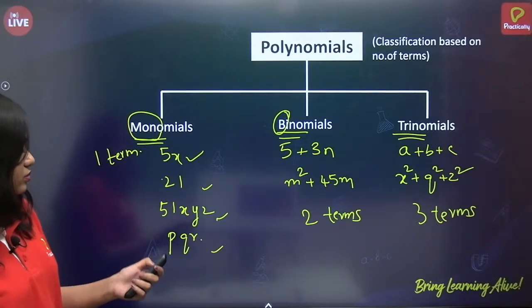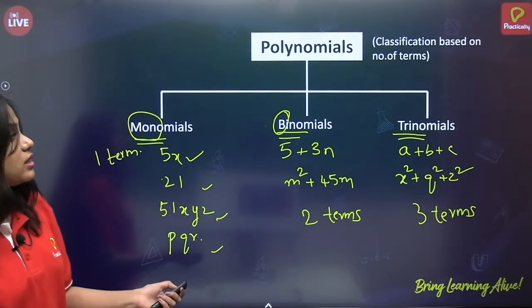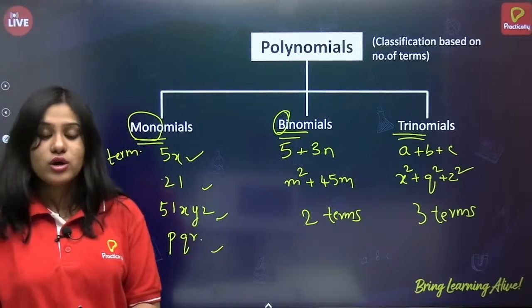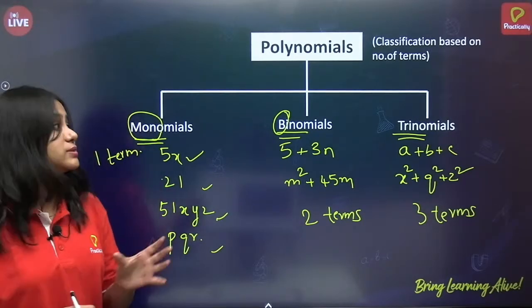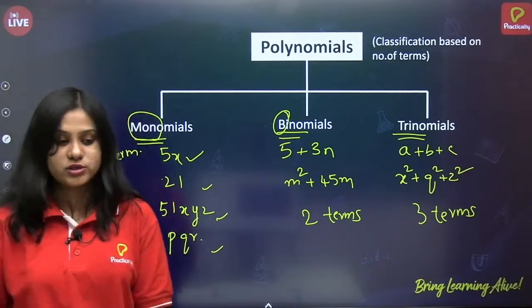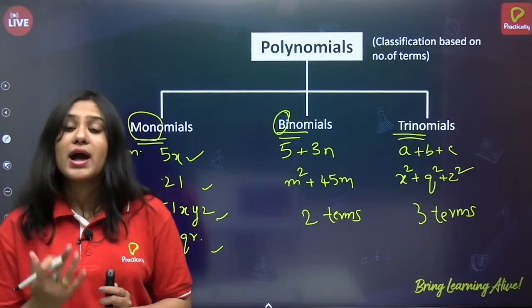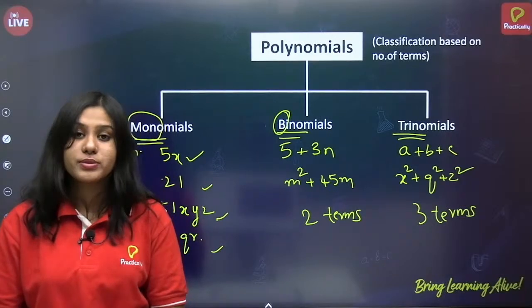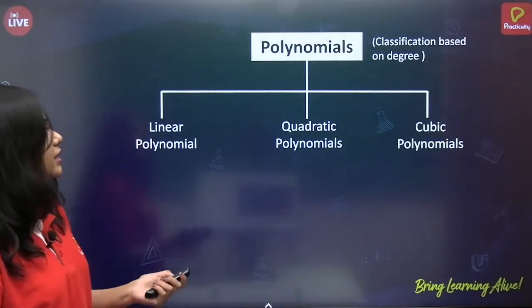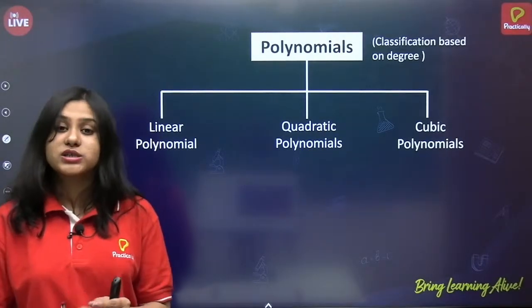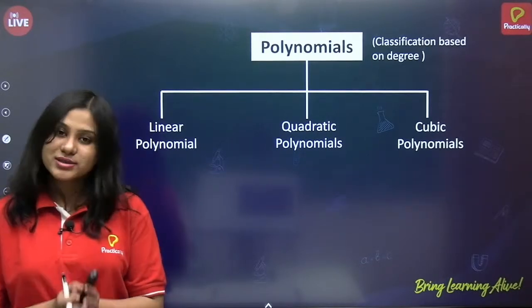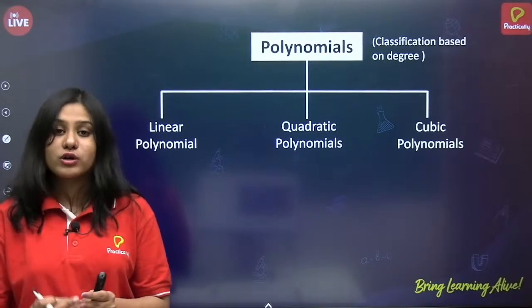Okay. So this is a classification of polynomials based on number of terms. Alright. But there is also another classification of polynomials. What is that? It is classification based on degree. And what is the degree of the polynomial? We have already studied.